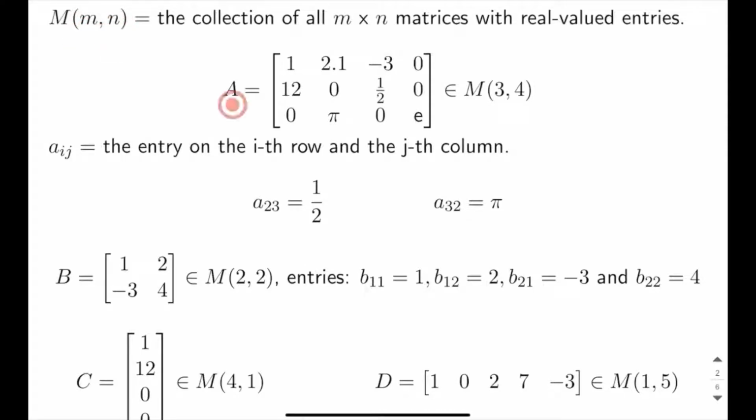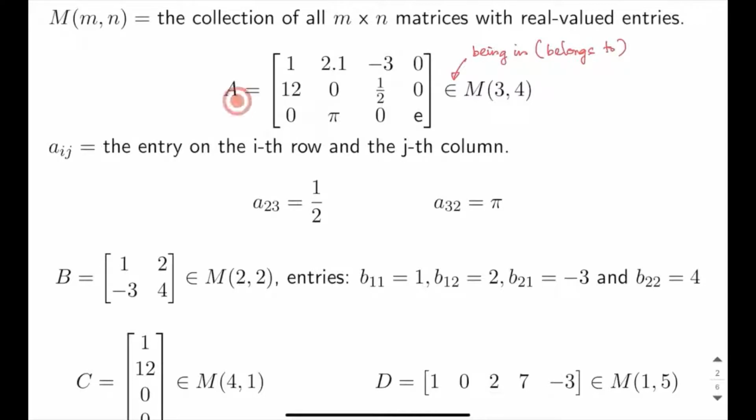So for example, A is a table of 3 rows and 4 columns. So A is in M34. This notation means being an element in the collection, or belonging to.